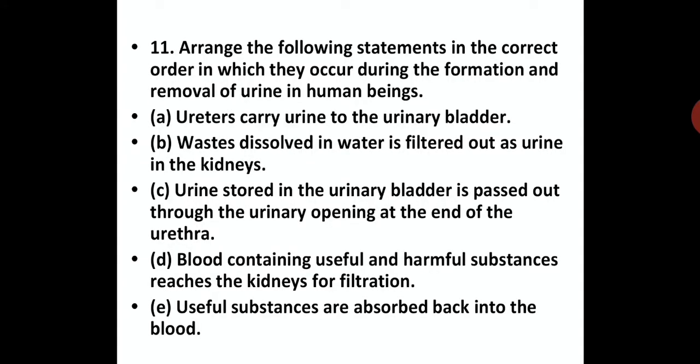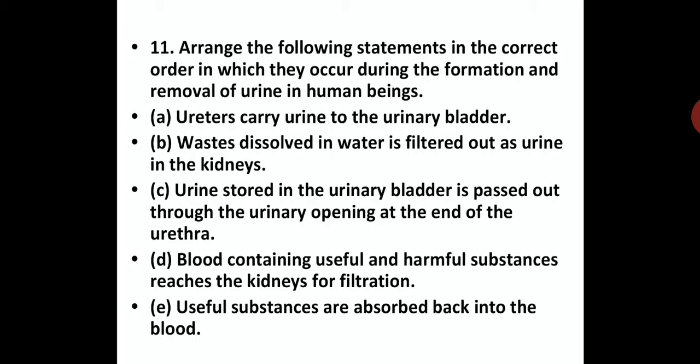Arrange the following statements in the correct order in which they occur during the formation and removal of urine in human beings. Let us see. They have given some statements and you have to arrange them in that order.